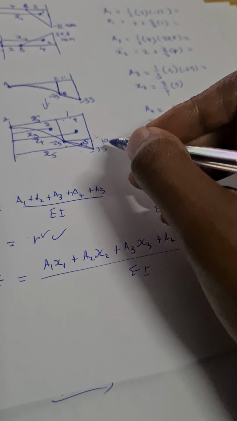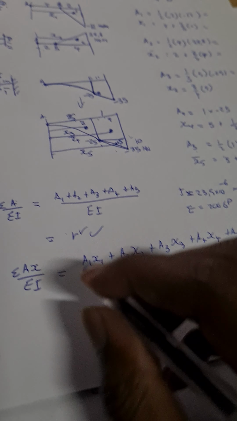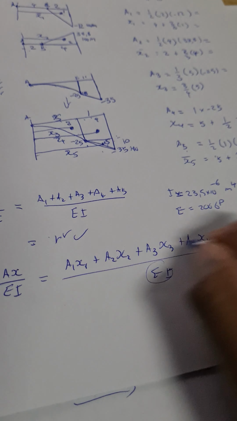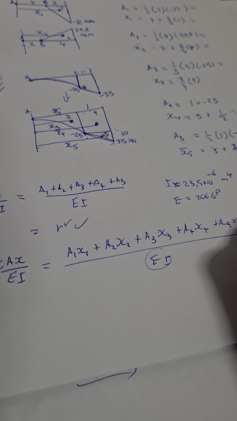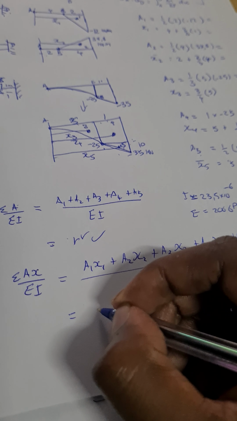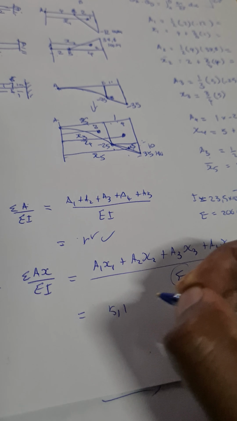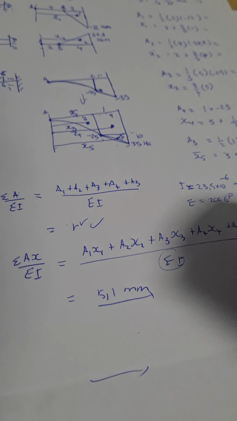Remember also this is kilonewton, so multiply by 1000, because this is SI unit. Then you're going to get at the end 55.1 millimeters. So you convert it up until millimeters.